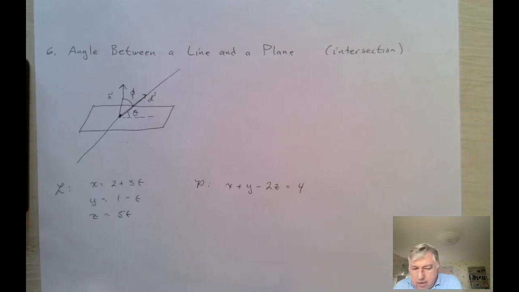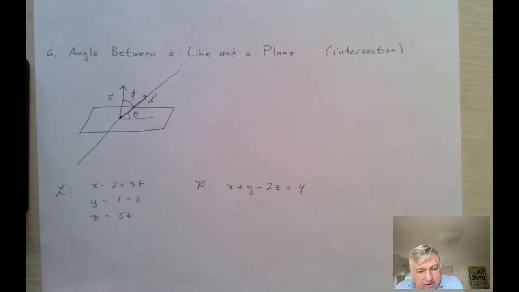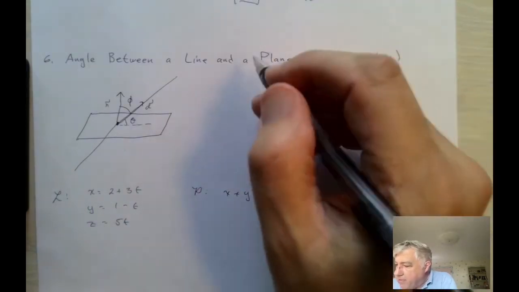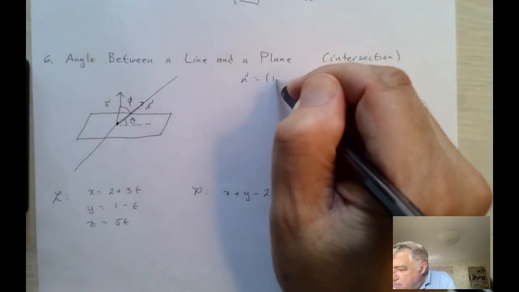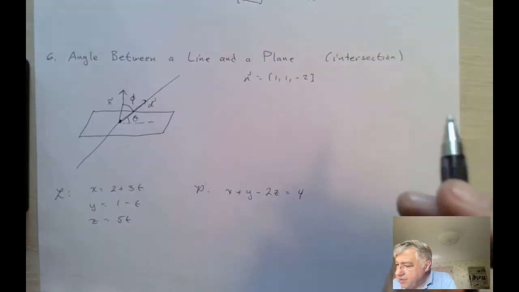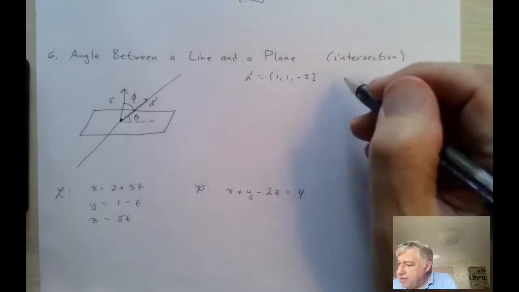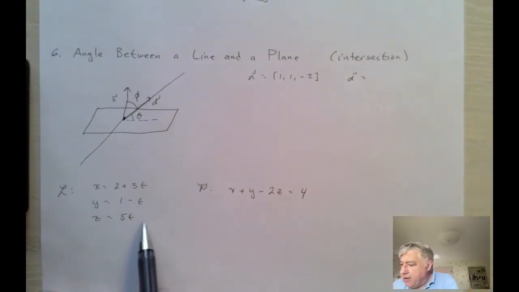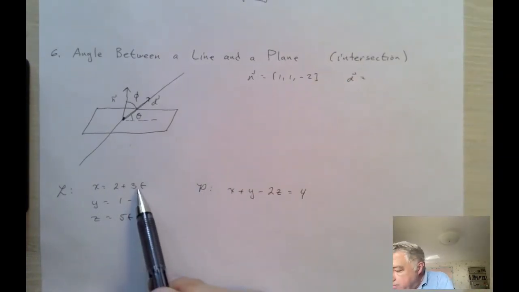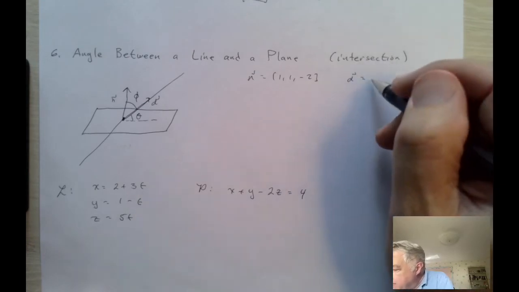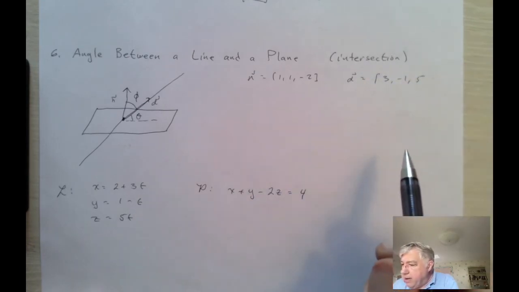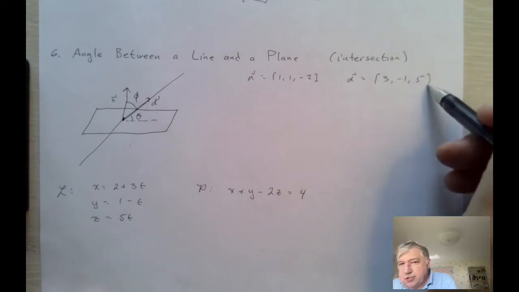So in number 6, let's first find, again, the normal vector is 1, 1, negative 2, and d here is going to be 3, negative 1, 5.